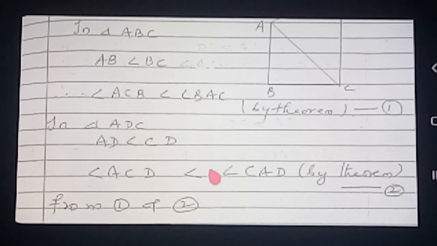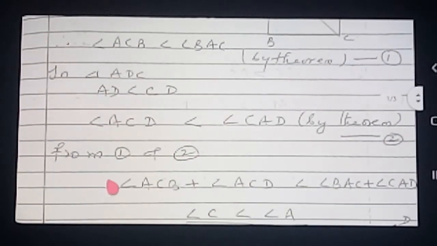So listen. From 1 and 2, the LHS part ACB plus ACD is less than BAC plus CAD. Are you clear?